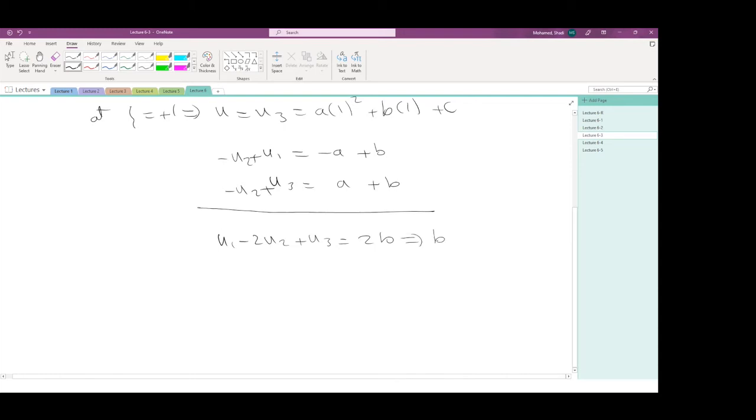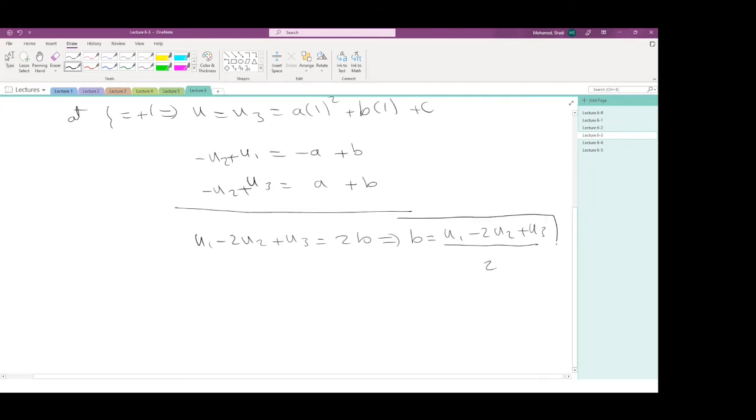And this will give me B to be U1 minus 2 U2 plus U3 divided by 2. And I have the value of B.